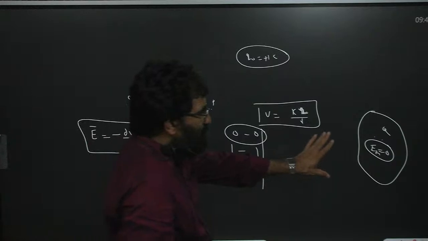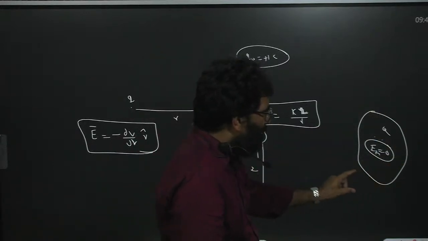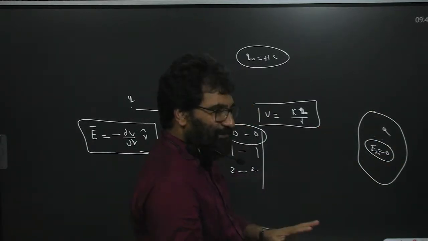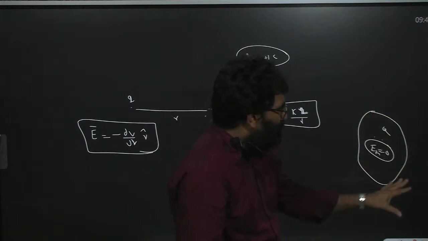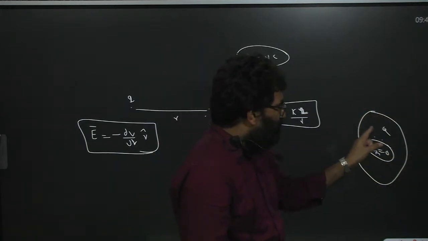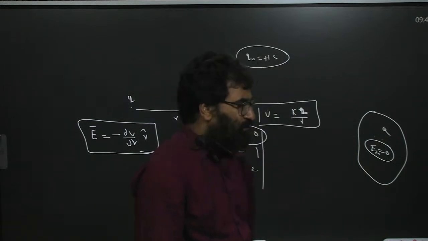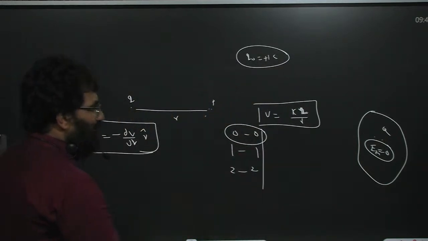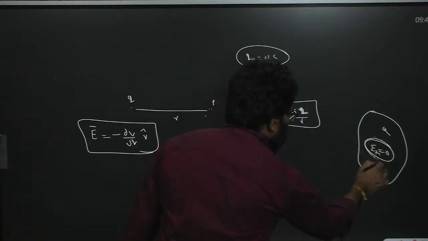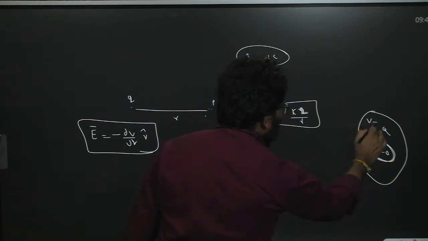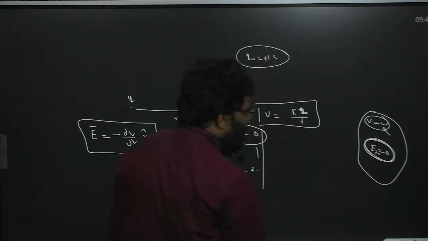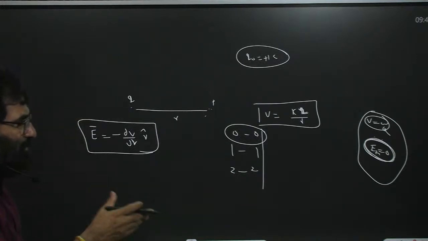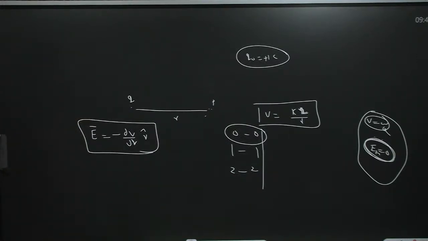In equilibrium, all charges are separated or the distribution is fixed. Charge at any point is constant, that is called steady state. In equilibrium, the electric field inside a conductor is always 0, which means the potential is constant. So each and every conductor behaves like a constant potential region.